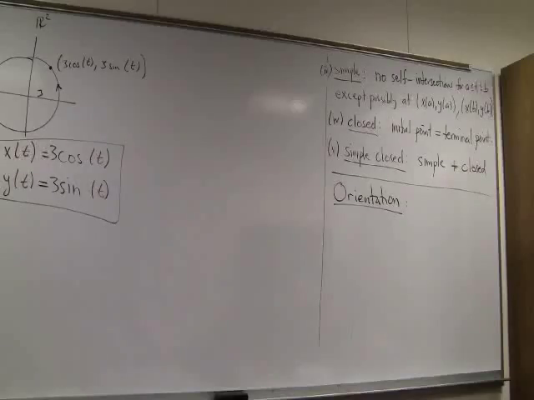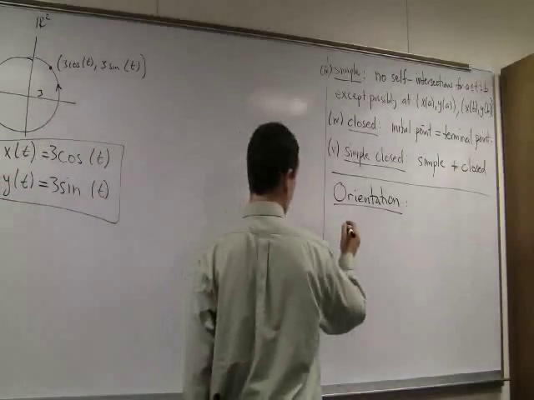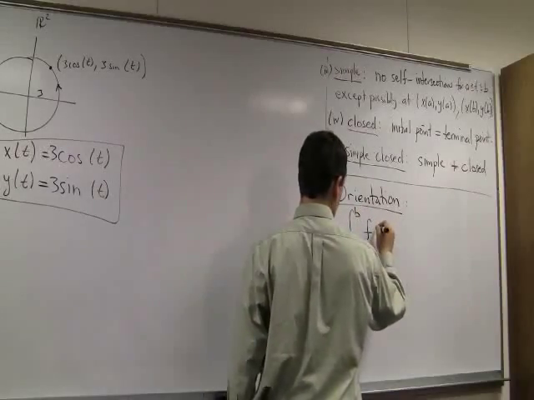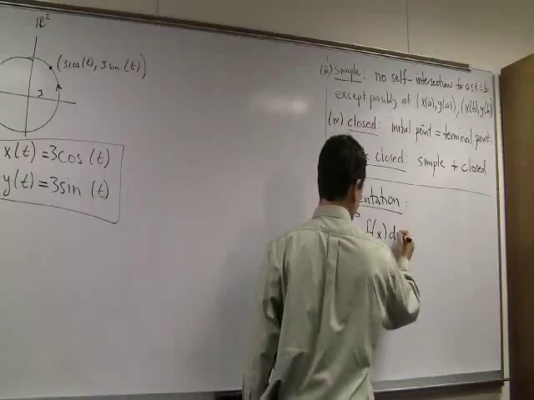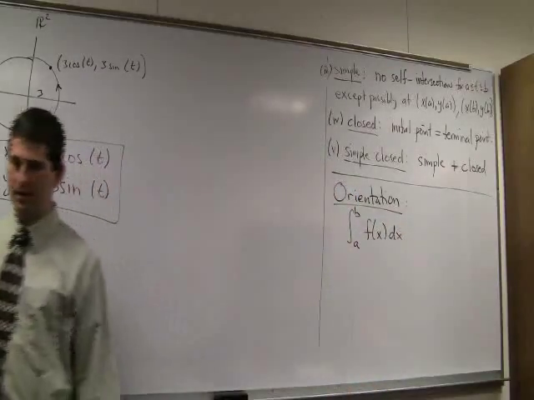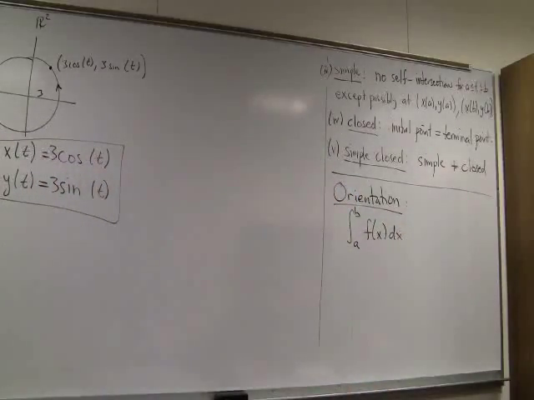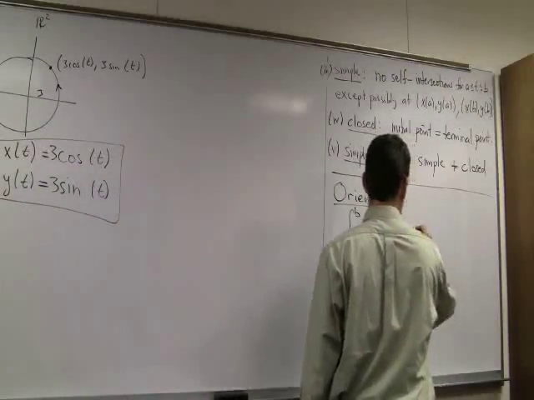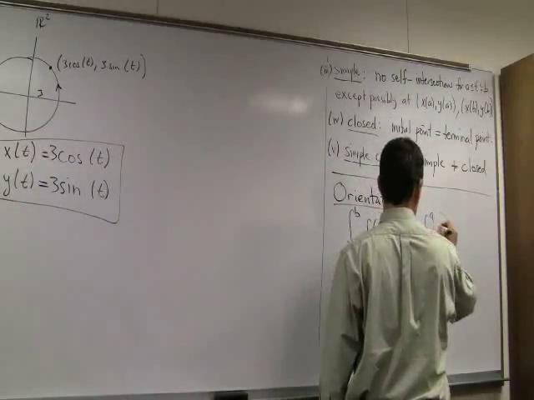And if you think back to calculus, when you integrate a function from a to b, there's an important thing going on there. You're saying from a to b. You started at a, you ended at b. And this is not the same, in general, as the integral from b to a.